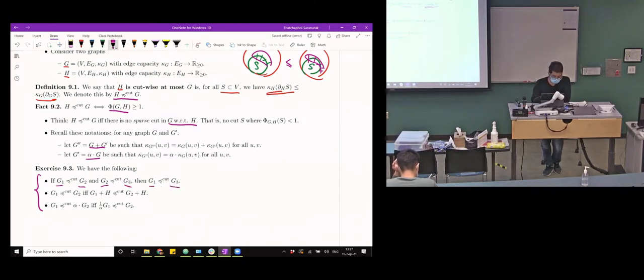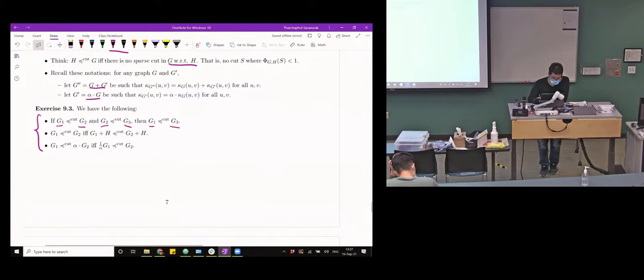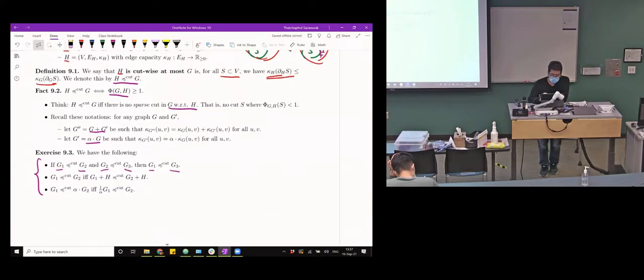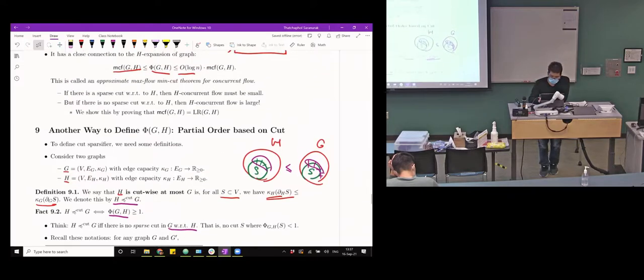And if G1 is less than G2, and you add the same graph H to both G1 and G2, then this is still less than this one. So this is just the definition of how to compare two graphs in the cut sense.